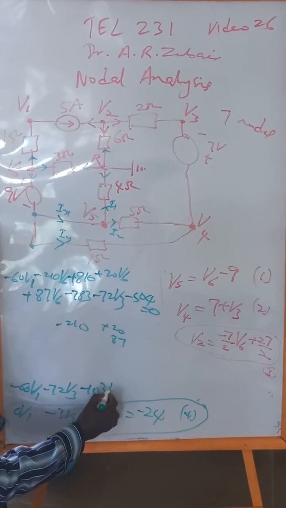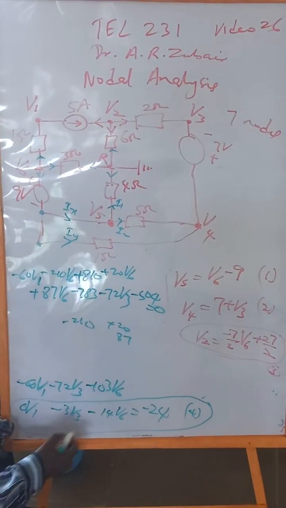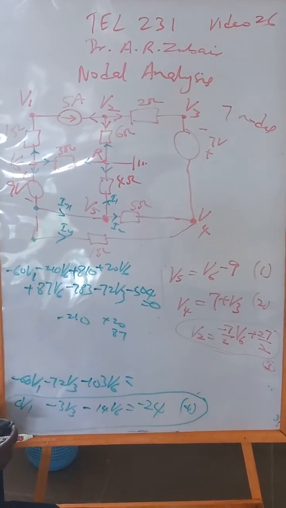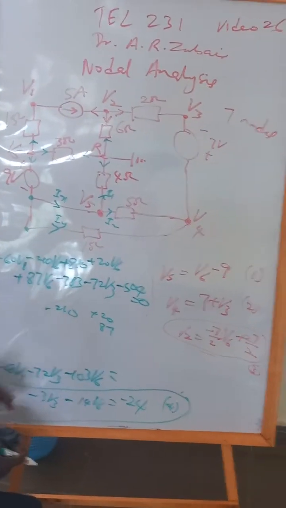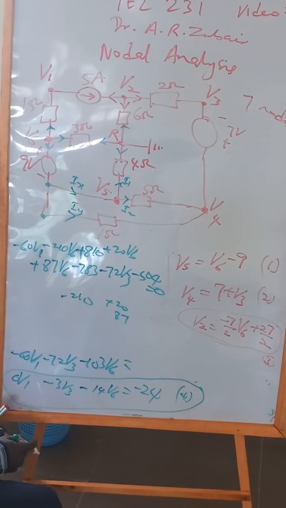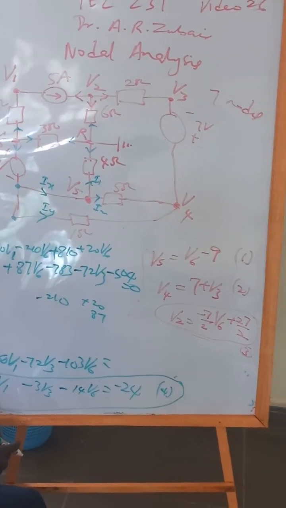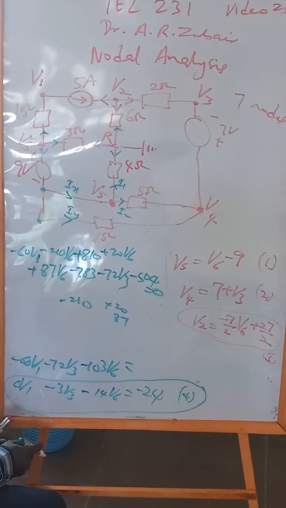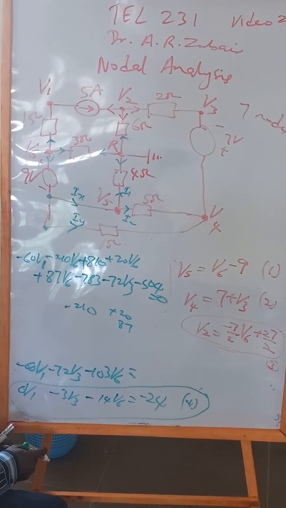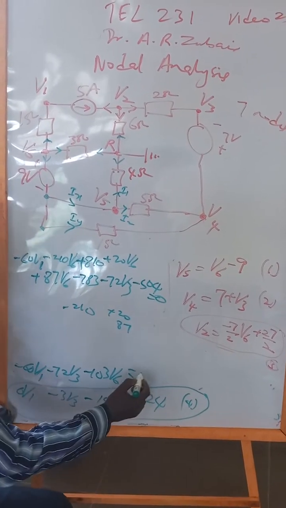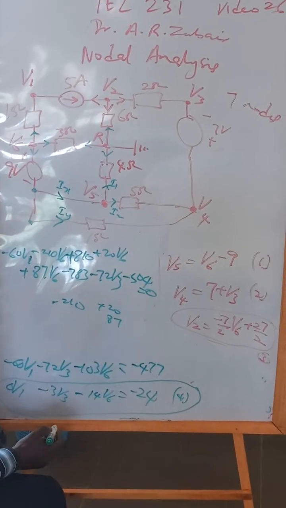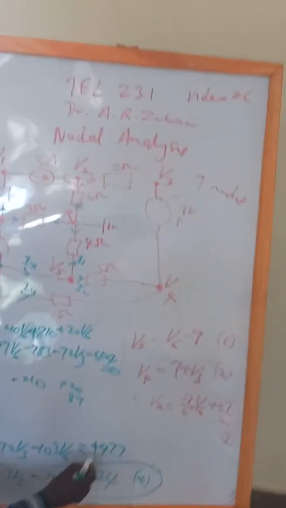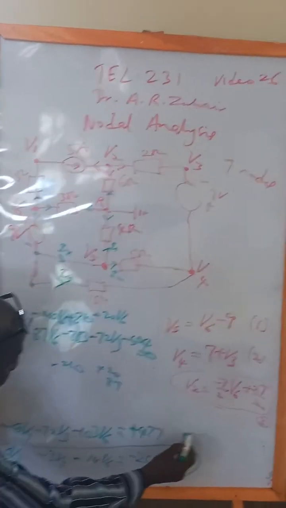Minus 103 V6. And then equals, for the constants, I have 810, minus 783, minus 504. That's minus 477, to be plus now. Plus 477. This is my equation 5.